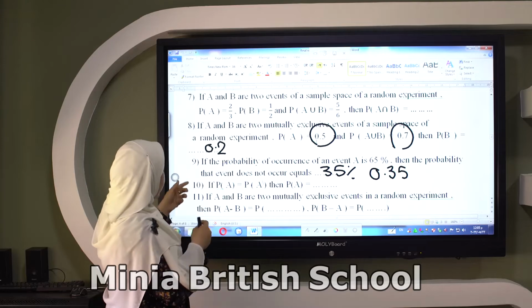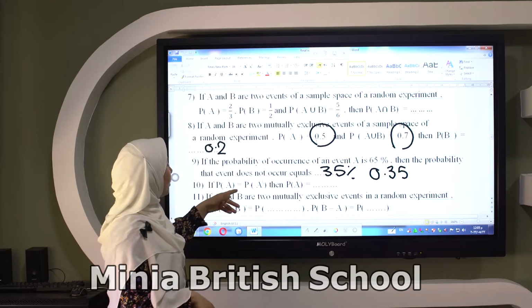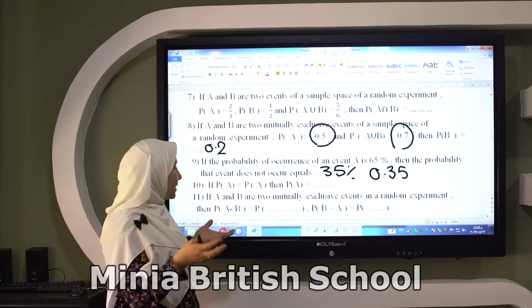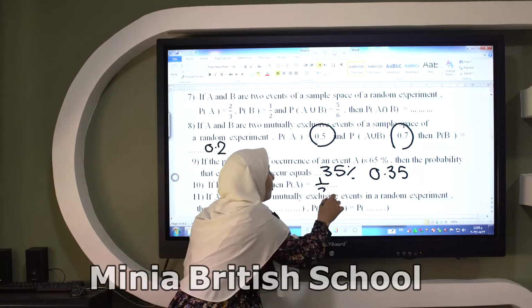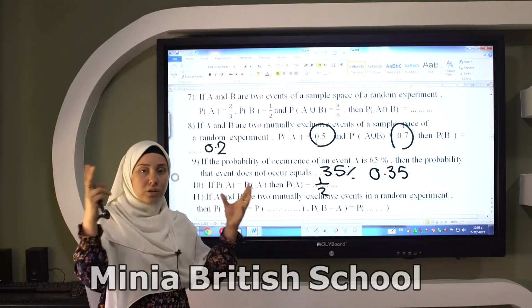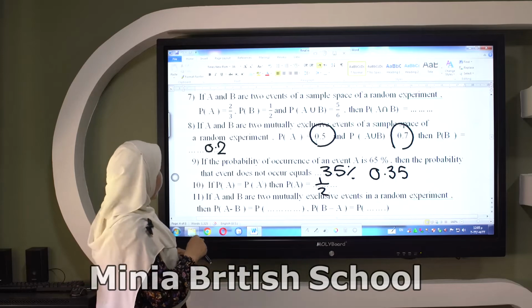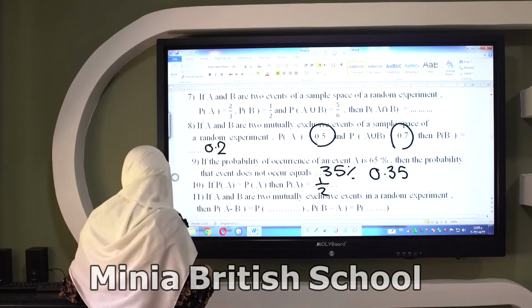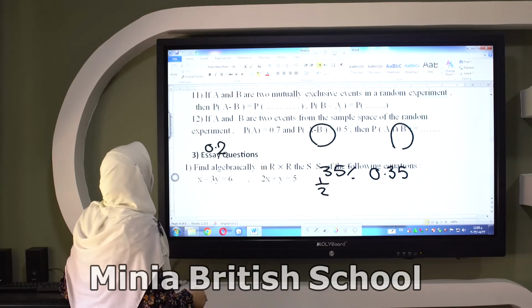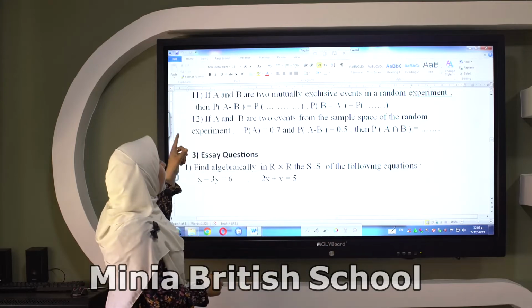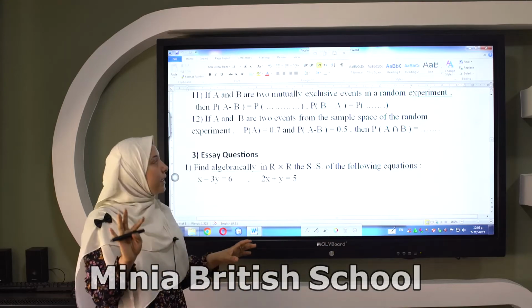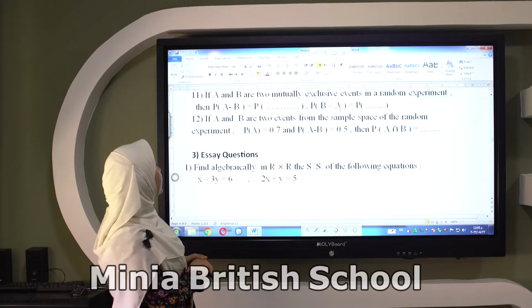In number 10, if probability A equals probability A complement, then probability A equals a half, because the sum of both of them equals 1. Number 11 here: A and B are two mutually exclusive events in a random experiment.